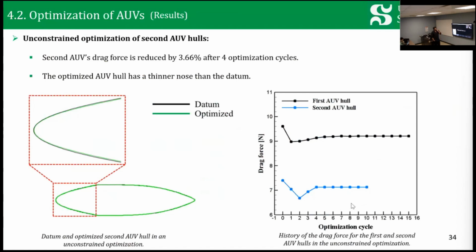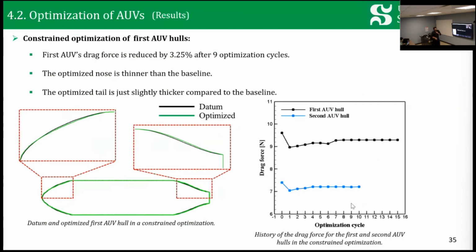For the second AUV, the drag force is reduced by 2.6% after 4 optimization cycles. Like the first AUV, the nose of the second AUV also becomes thinner compared to the baseline.